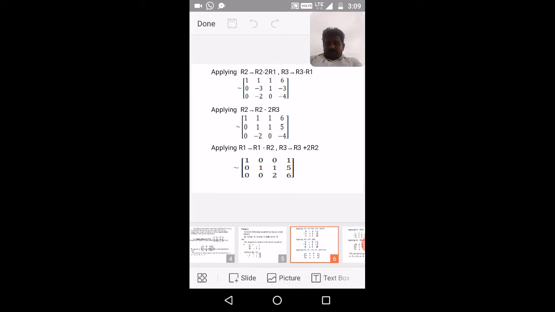So after applying these two row operations, R2 minus 2R1 and R3 minus R1, we are getting another reduced matrix, that is 1 1 1 6, 0 minus 3 1 minus 3, 0 minus 2 0 minus 4. Okay, next take the operation R2 minus 2R3.